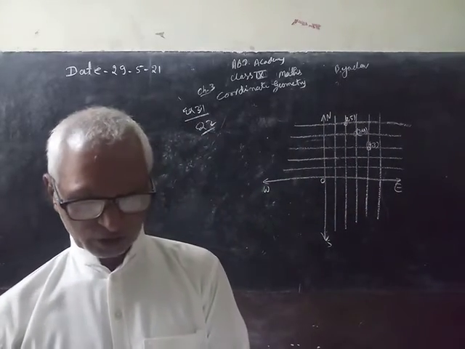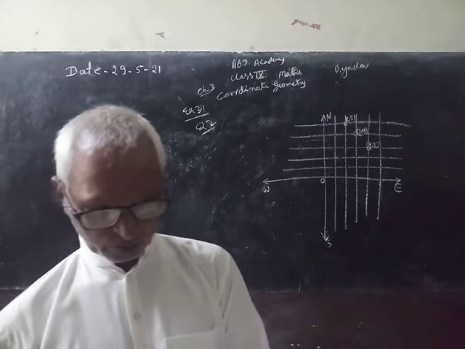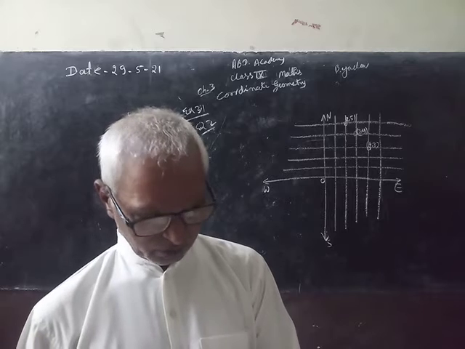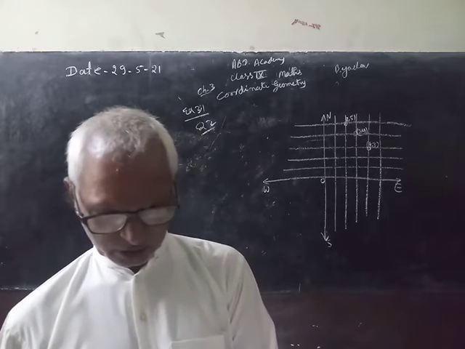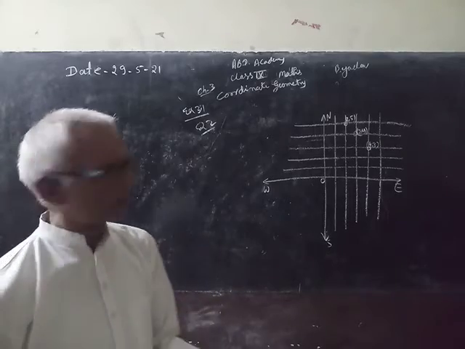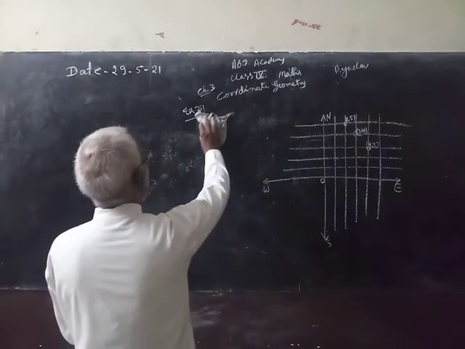So students, in the first exercise, two sums were given. Now let us see in what way the second exercise is given. See here, exercise 3.2.